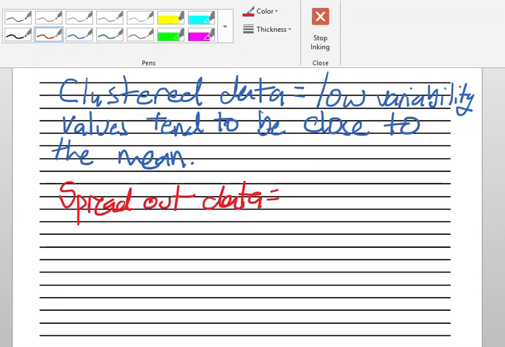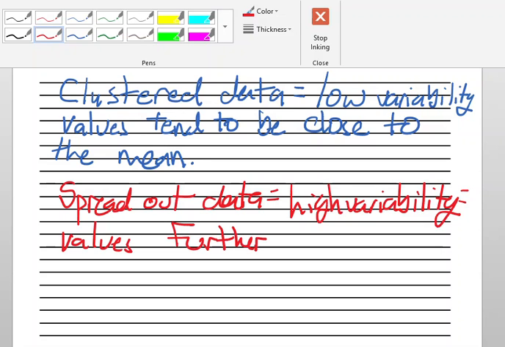Spread out data has high variability, and the values can be further from the mean. Now, if I were to take a sample of the ages of the teachers on staff, there would be more variability.